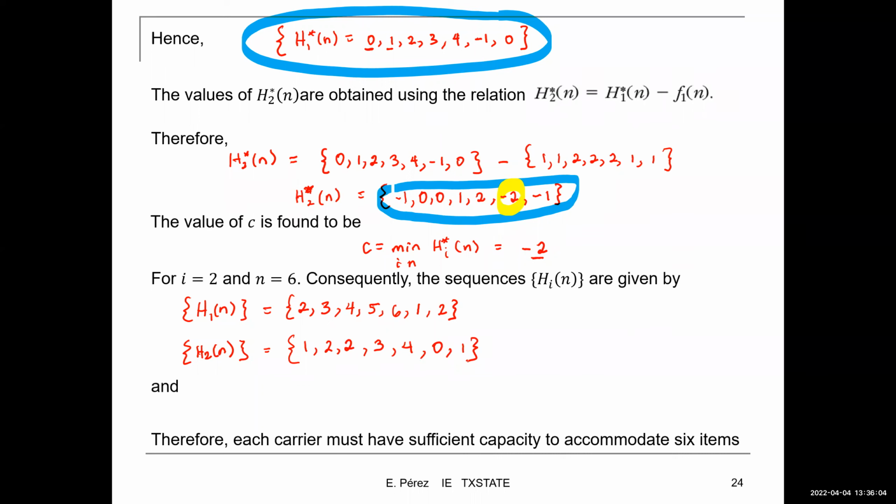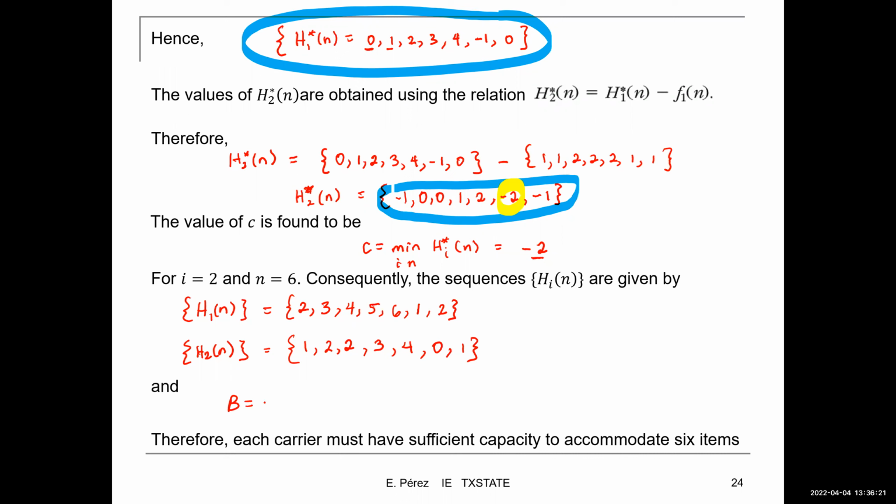And then we're finally able to observe what will be the maximum number of items that will be held by a carrier at any point. You look at the maximum value between these two sets.